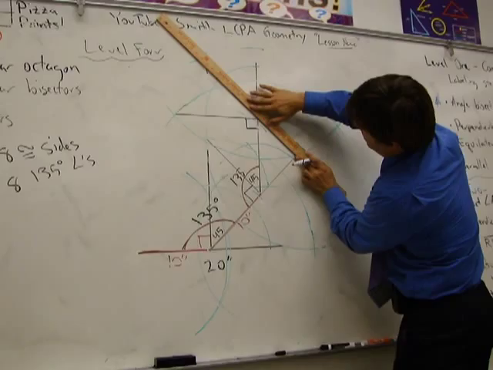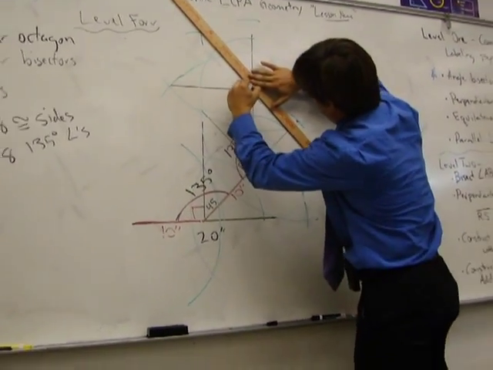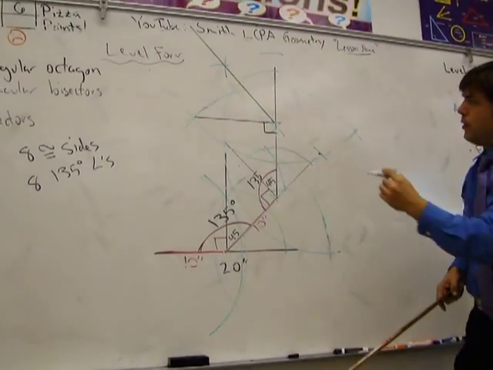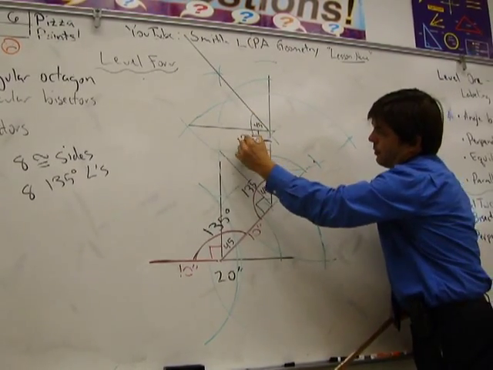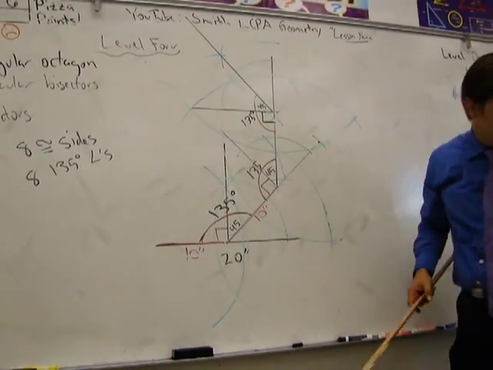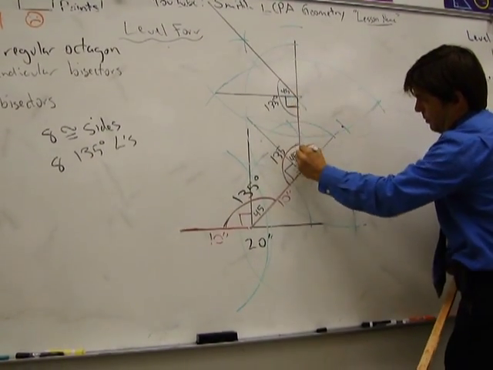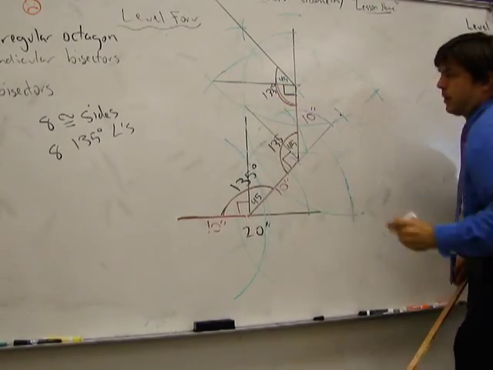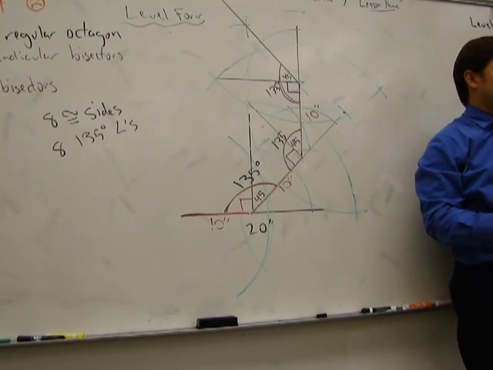With this angle bisector, I can go in this direction. So if this is 45, then I've got myself yet another 135-degree angle. I've got another 10-inch side. And I can keep repeating until I have my full octagon.